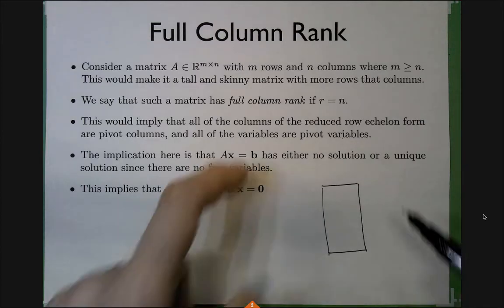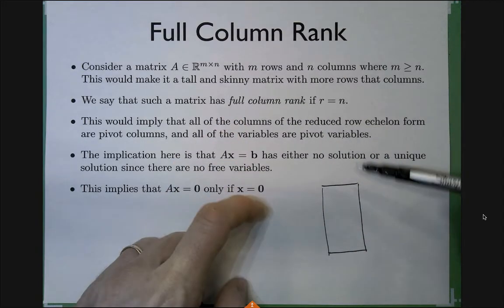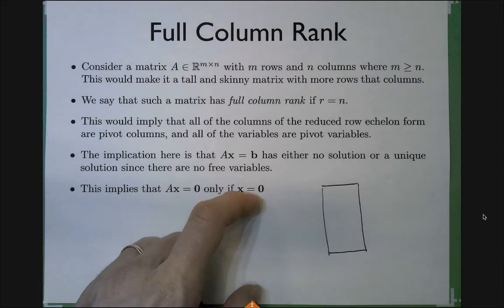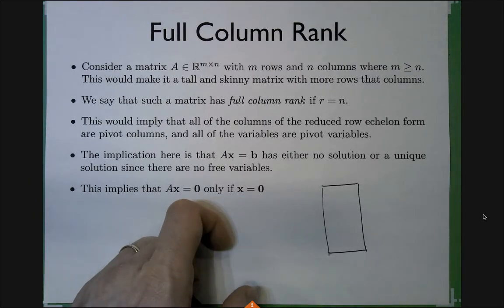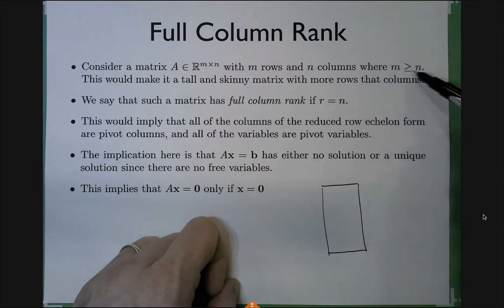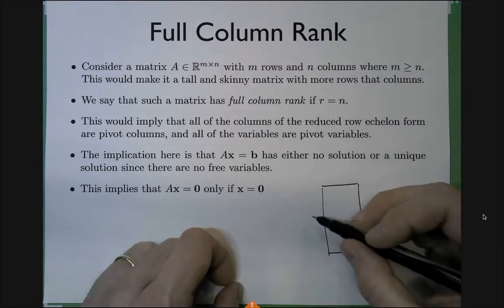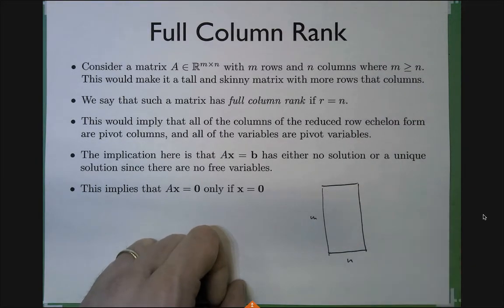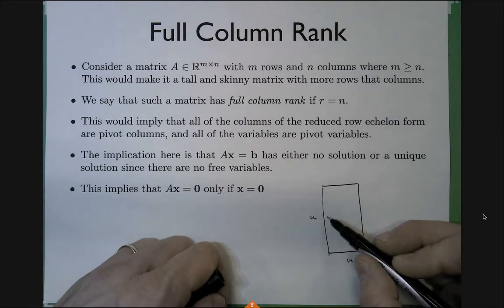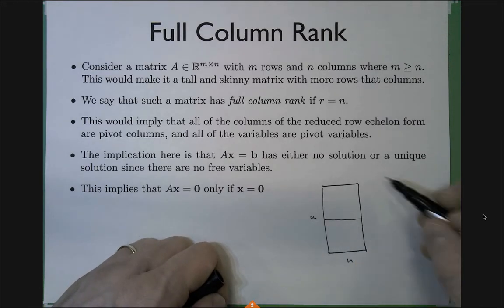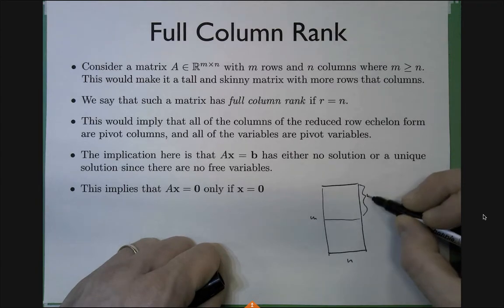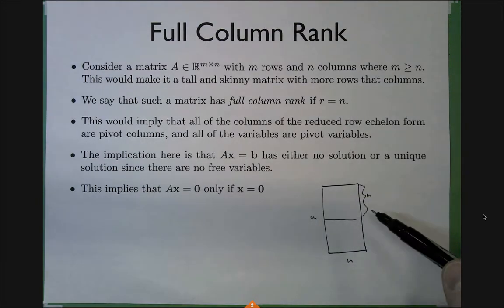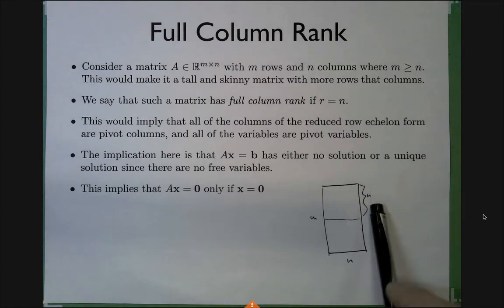And we say that the matrix has full column rank if the rank is exactly the number of columns, right? We know that's the maximum. The maximum rank is the minimum of m and n. In this case, the minimum is n. So this is m, this is n. If I have the square part here, this would be my first n rows. The matrix is full rank if the rank is exactly n, the maximum possible rank.